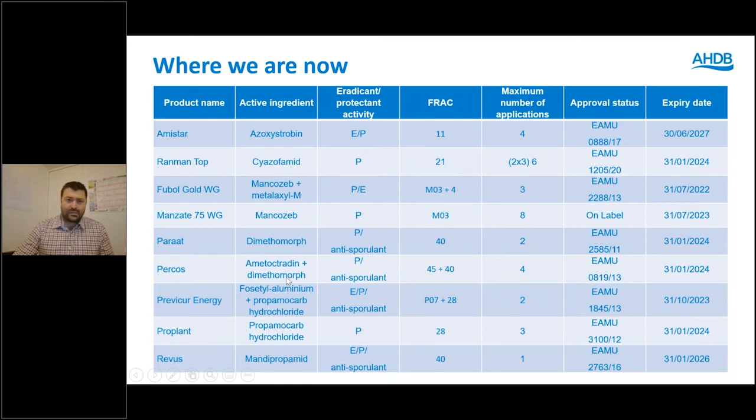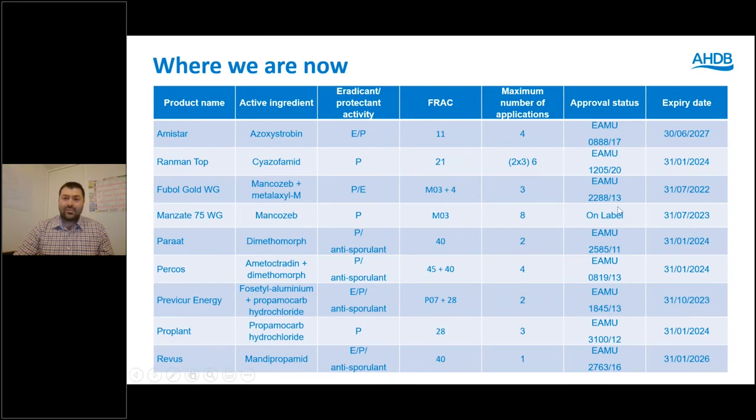So if you look at some of these, as I say, we've just added Ranman Top, which, for those of you who haven't used it or haven't seen it, please do check the off-label approval. It's 2 blocks of 3 applications maximum. There are some other restrictions there as well, which as an industry we should all be aware of. So please do pay attention to the approval details.